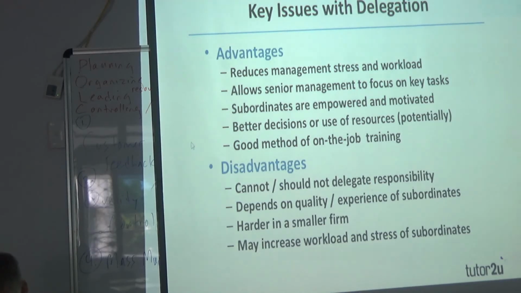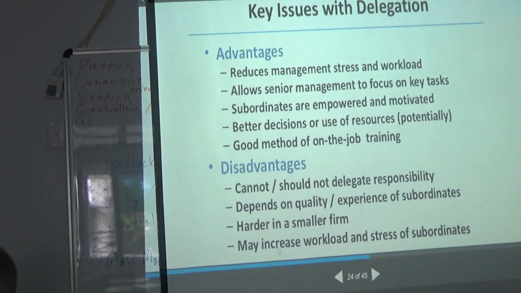So that can be a problem. And some management don't trust their employees to take that responsibility and to be able to do the job. It really depends on the quality and the skill and the difficulty in finding good employees. And at the end, it may increase the stress of subordinates, which means the staff.